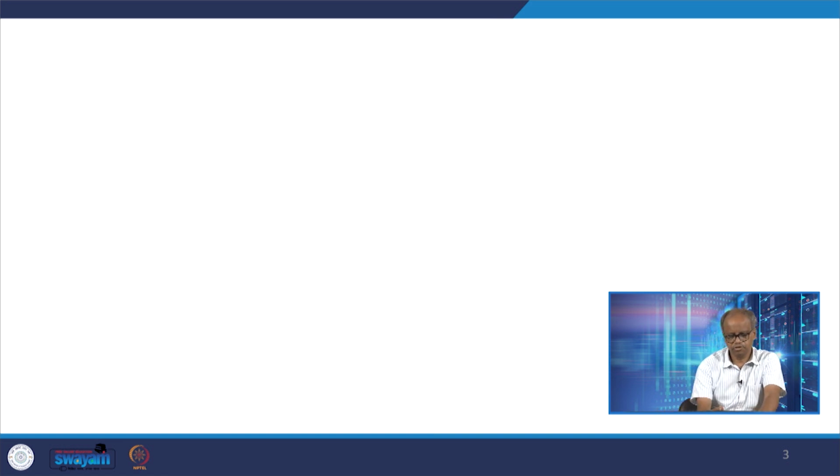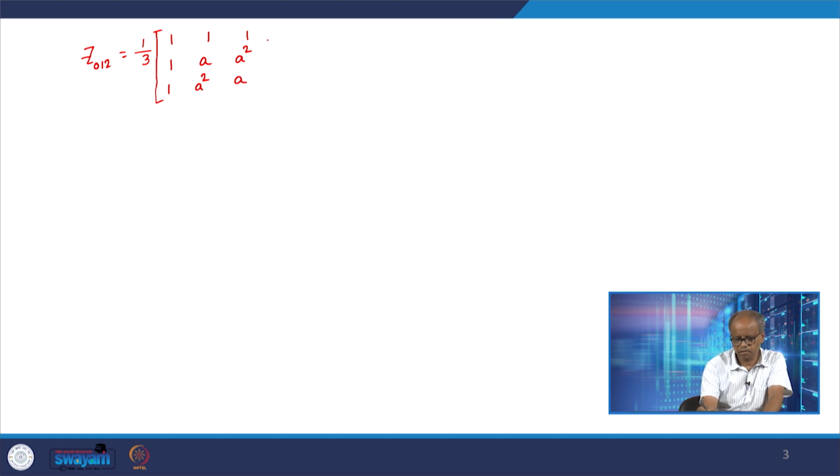So Z012 is equal to 1 by 3 times the matrix 1 1 1, 1 A square A, 1 A A square, then ZAA, ZAB.